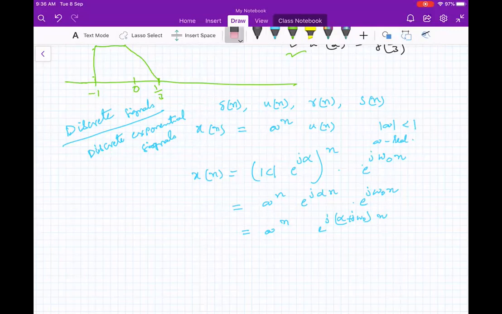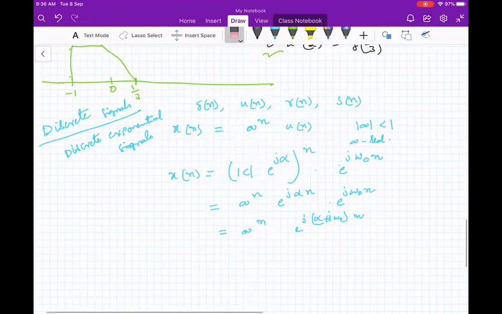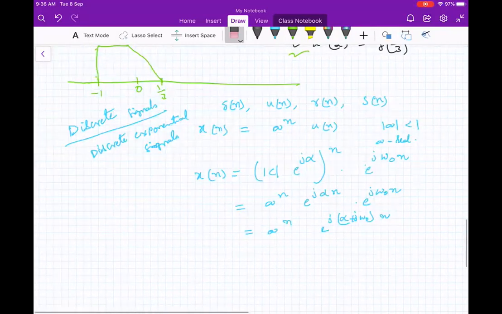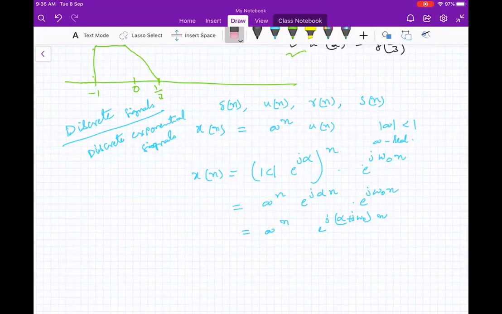Here if we consider this as a complex number, j will come. Otherwise, j will not come. There is a double j here. We will remove it. Let this be only the real part. Let this be the complex signal.